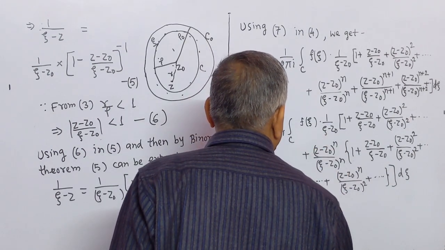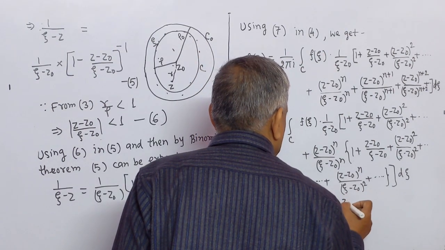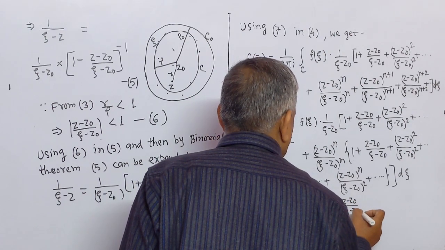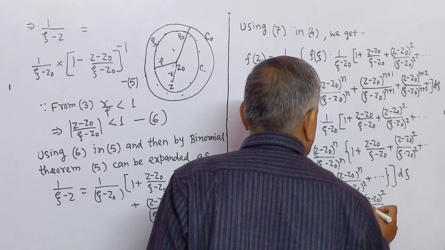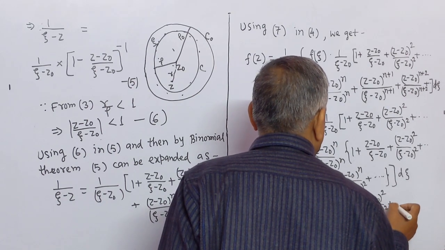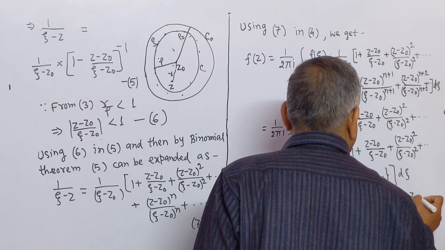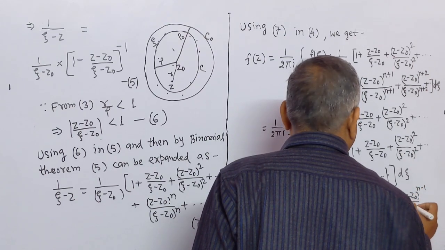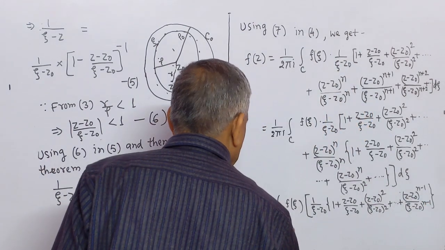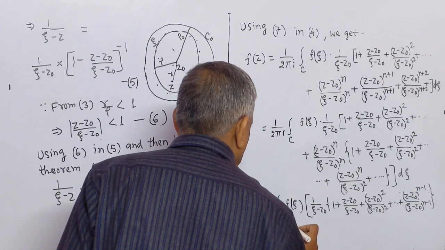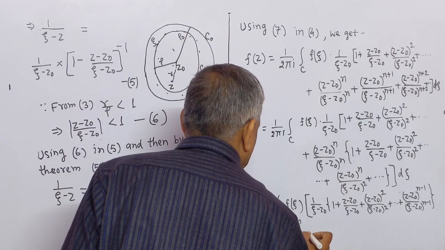Now we take 1/(ξ − z₀) [1 + (z − z₀)/(ξ − z₀) + (z − z₀)²/(ξ − z₀)² + ... + (z − z₀)^(n−1)/(ξ − z₀)^(n−1) + (z − z₀)^n/(ξ − z₀)^n] multiplied.